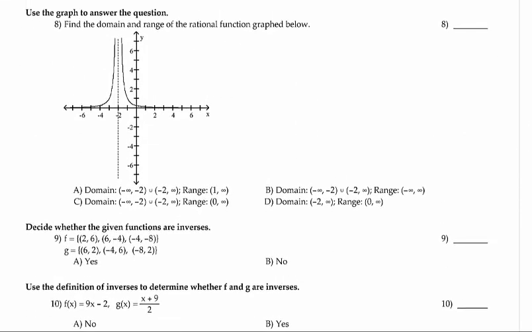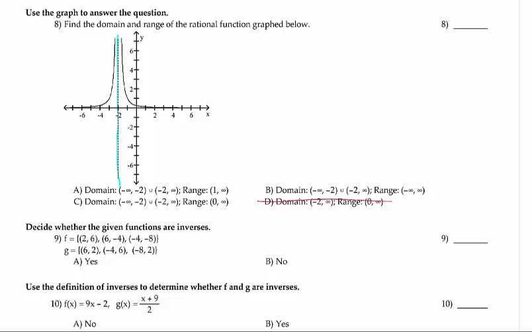Now we're finding the domain and range of this function here. Note that we have a discontinuity right there. So our domain is all real numbers except for -2. And we note that all of our answer choices have that contained in it except for D, so we can mark that one out.